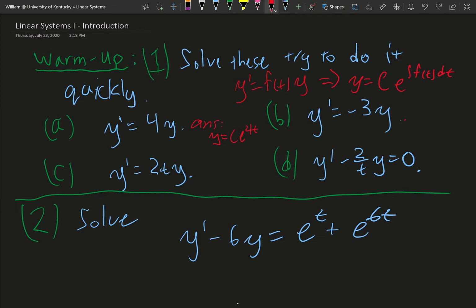Number b, we're going to have y equals c e to the negative 3t. Here, y equals c e to the t squared. And here, if we move it over to the other side first, we're going to have y equals c e to the... oops, I am on the wrong notes. It should just be t squared.